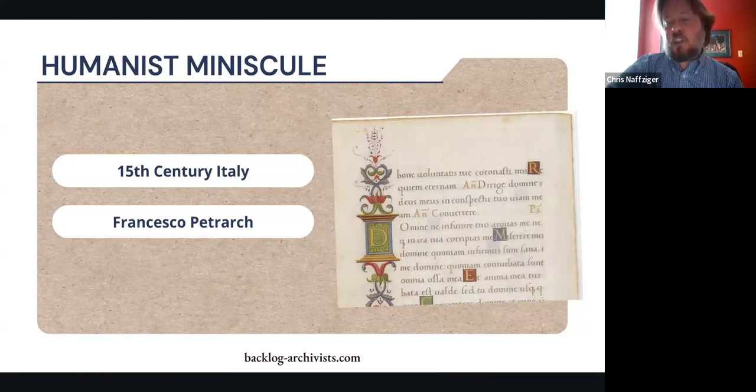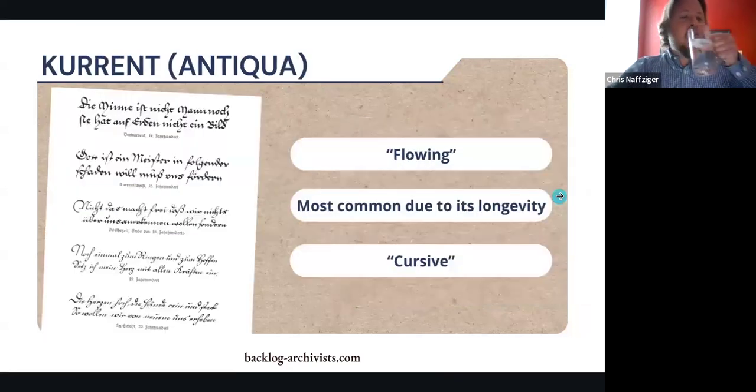And once they saw this humanist minuscule script, they adapted their own script to address this much more elegant Italian version. So Emma, next slide, please. And that is when we see the appearance of Kurrent, which basically means flowing. We have the word current in English.